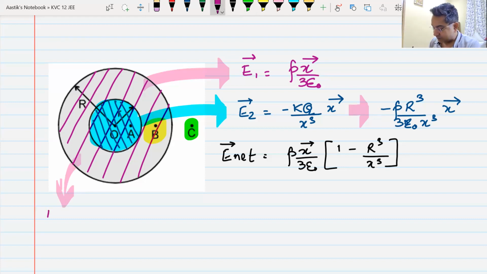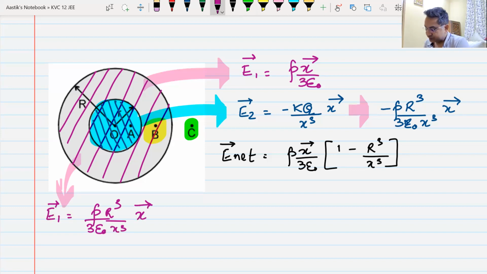For this, the electric field E1 would be equal to rho by 3 epsilon naught, radius of this is r cube divided by x cube into x vector. The electric field due to this is again outside.